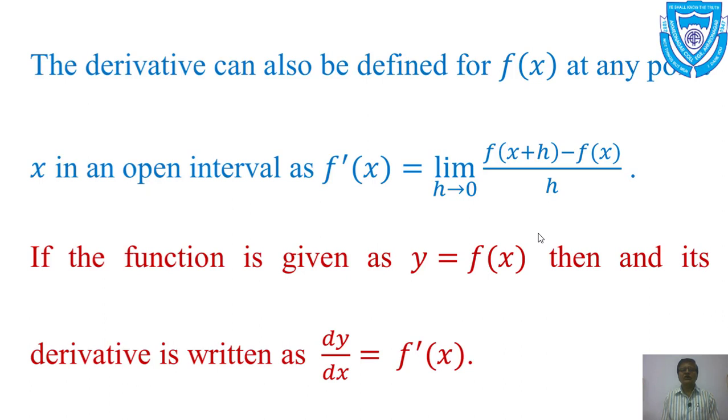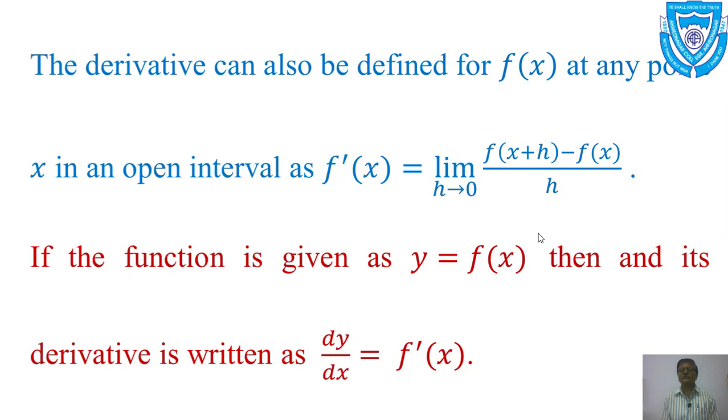Similarly, we can define derivative of the function at any point in an open interval. The derivative can also be defined for f of x at any point x in an open interval as f dash x is equal to limit h tends to 0 of f of x plus h minus f of x upon h.